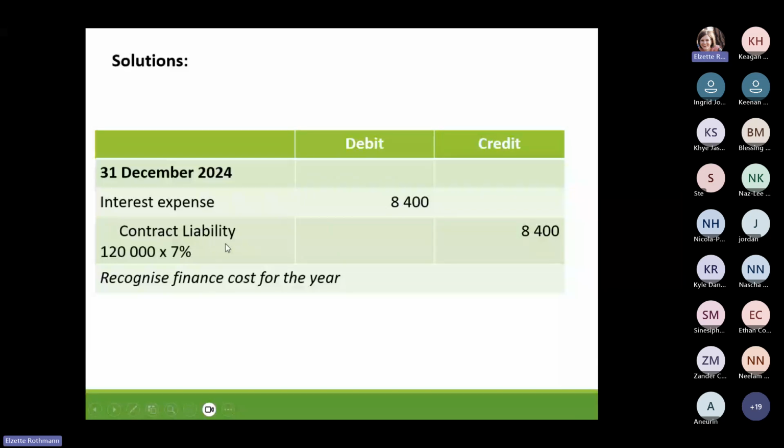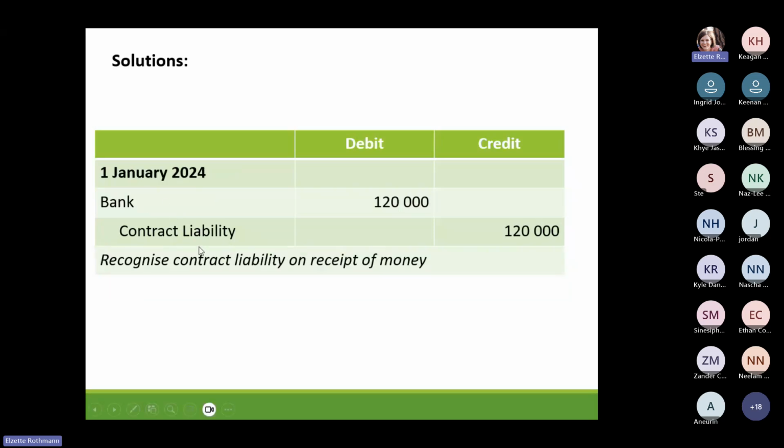So now if we charge interest, it's not interest on 120,000, it's interest on 128,400. I'm quickly going to repeat that. Originally, when we recognized the liability, it was worth 120,000.